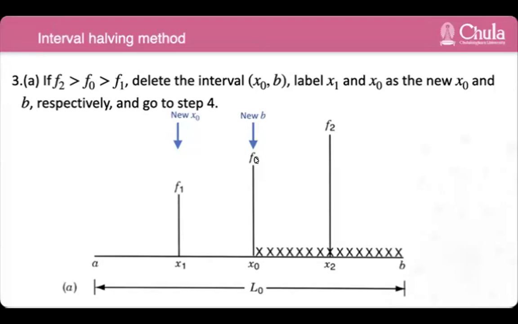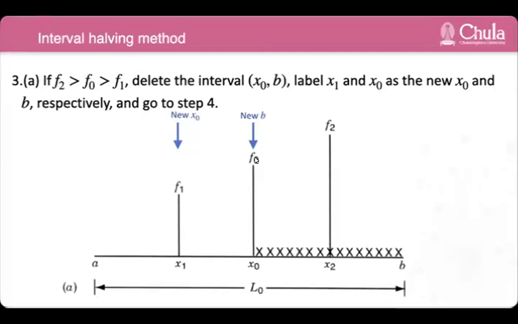You need 3 points of evaluation in the first run, and you can reduce the size of the area by half. There's a reason why we call it interval halving, because at each iteration, we can always reduce the area by 50%.